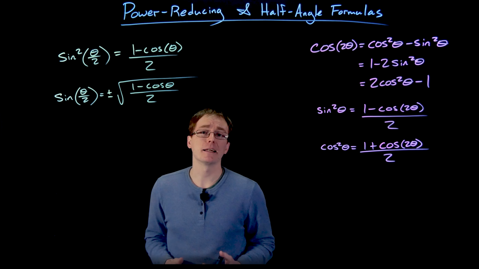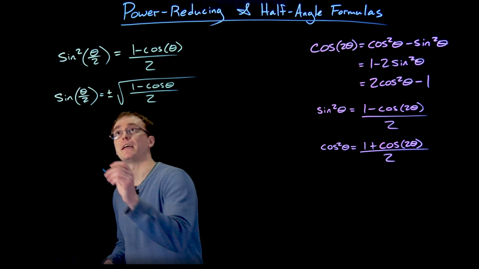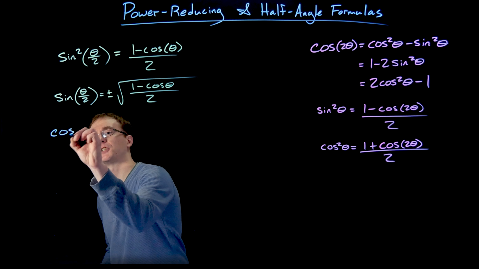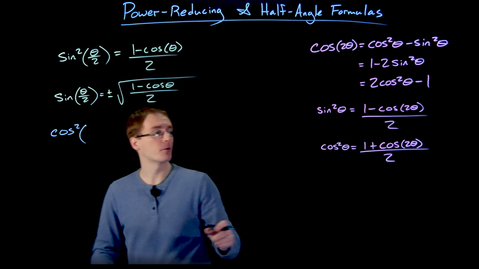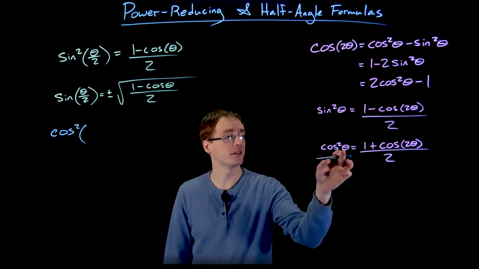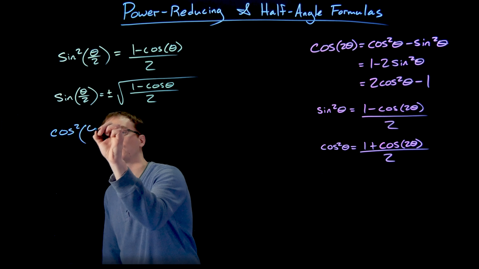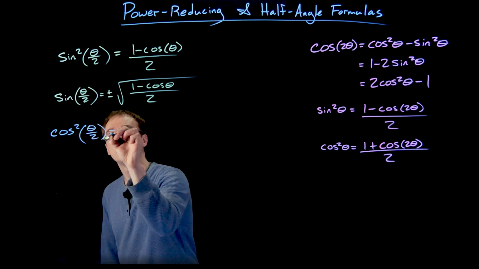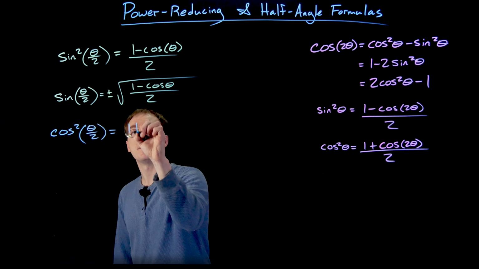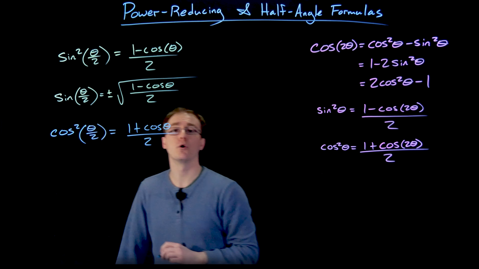And so, as you might guess, we have a very similar, almost identical process for deriving our half angle formula for our cosine function. We start by taking our power reducing formula for our cosine function and replace that angle of theta with theta over 2. So that gives us cosine squared of theta over 2 is equal to 1 plus cosine of just a single theta, also over 2.